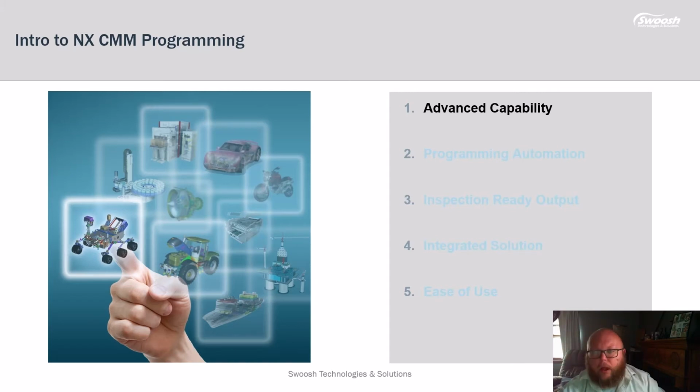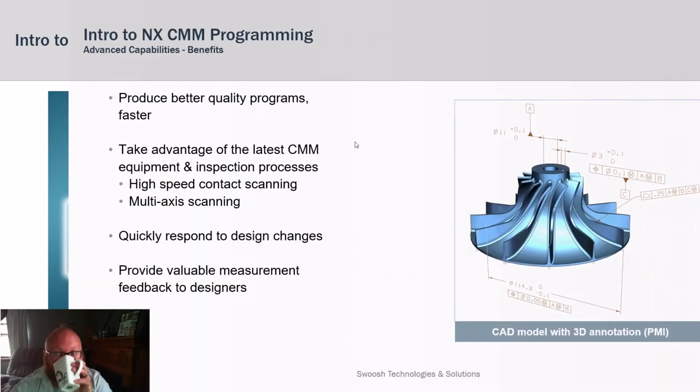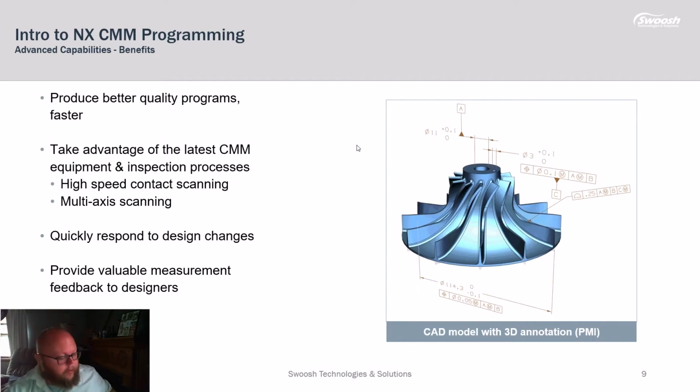Okay, so we're going to go ahead and start looking at some of the capability within the NX module. I started speaking to some of the benefits that we'll see here. We're going to be able to have very high quality programs created with very little effort.